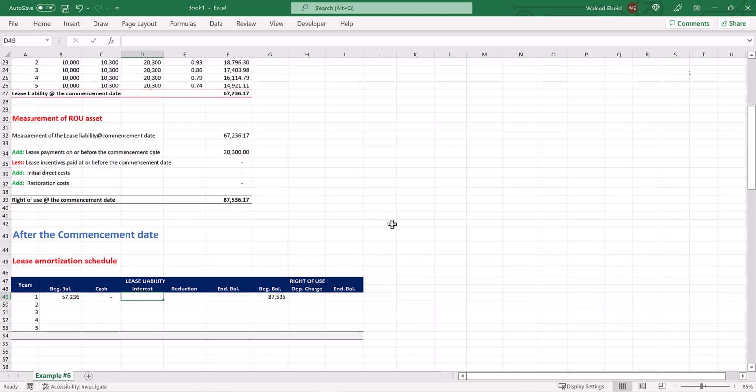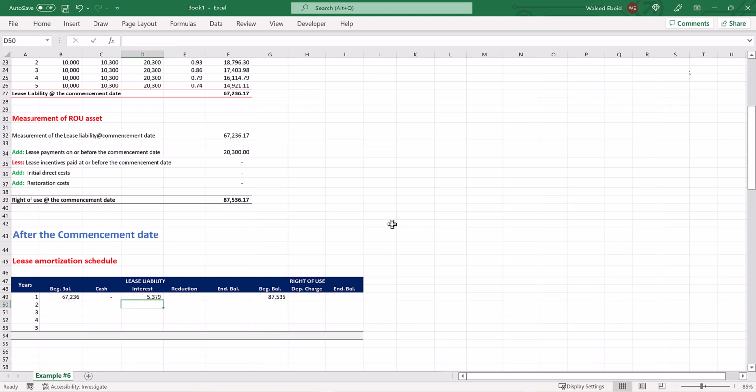The interest expense for the year is the balance of the lease liability that was outstanding for the whole year, which is the balance of the lease liability at the beginning of the year, less the cash payment made at the beginning of the year. And the difference is multiplied by the lessee's incremental borrowing rate of 8%.